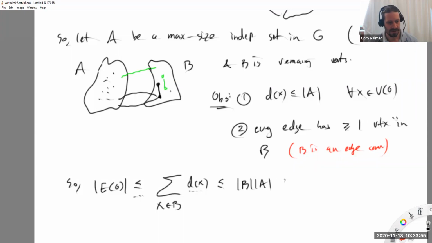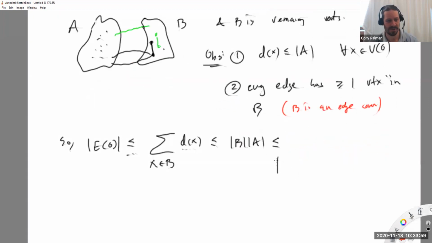So this is bounded above by, well, okay, let's say this instead. Let's just use the arithmetic geometric mean inequality. We don't have to use it here, but this is bounded above by b plus a over 2, sorry, squared, right?